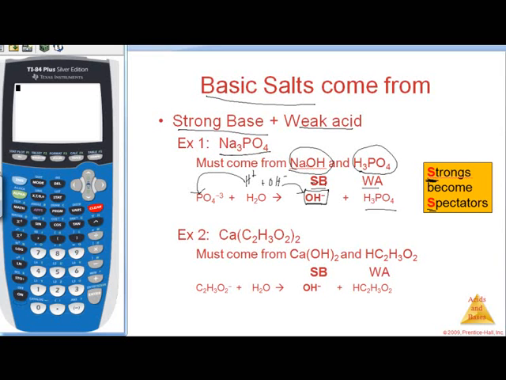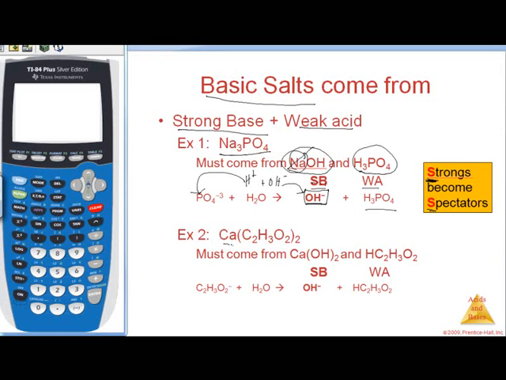So in this case, the sodium hydroxide was strong, so the sodium becomes the spectator, and I don't include it in the net ionic equation. So all I include is the phosphate. So it's the phosphate ion with the water. It gives me hydroxide ion, and the hydrogens come over here with the phosphate ion and become phosphoric acid. Okay?